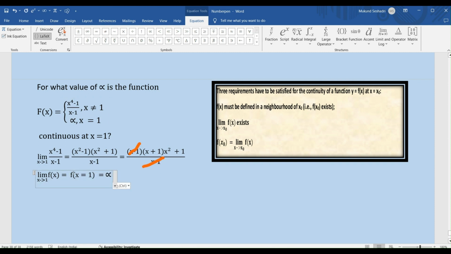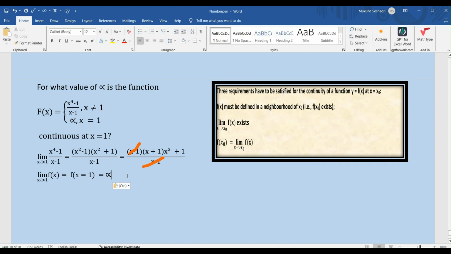And what is this limit, right? Limit as x tends to 1, I have simplified it in my previous step. So let's copy that out, which means my limit as x tends to 1 becomes x plus 1 into x square plus 1, right?